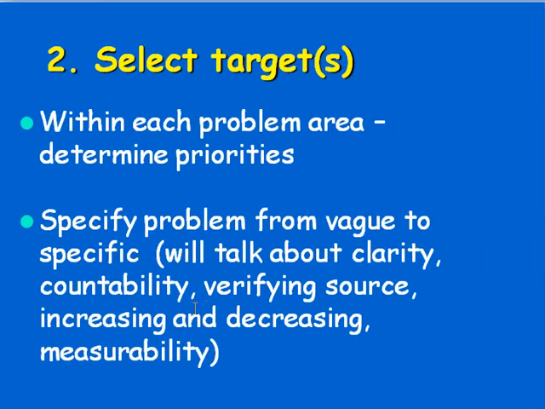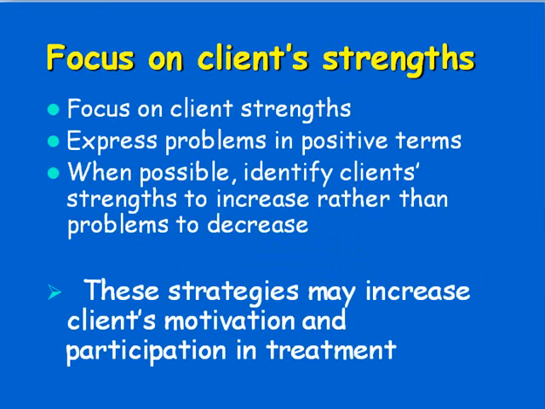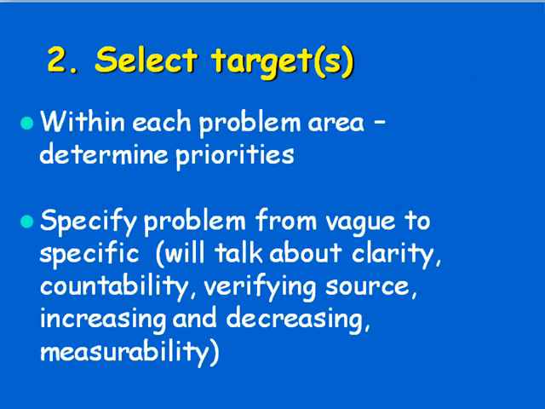Going on, the next step is selecting targets. Within each problem area, if the problem area is complex, such as depression, you may have to determine priorities. For example, within depression, are the main problems with sleep, attitude, or mood? Within the DSM, usually you break it down into different dimensions of a problem.